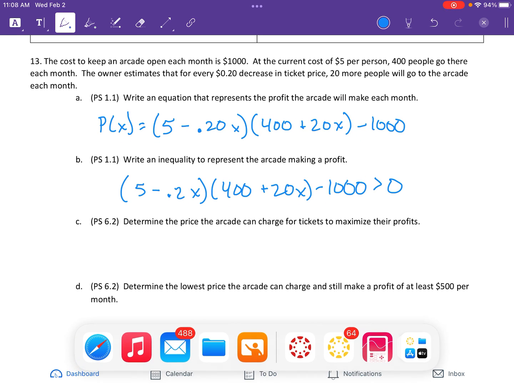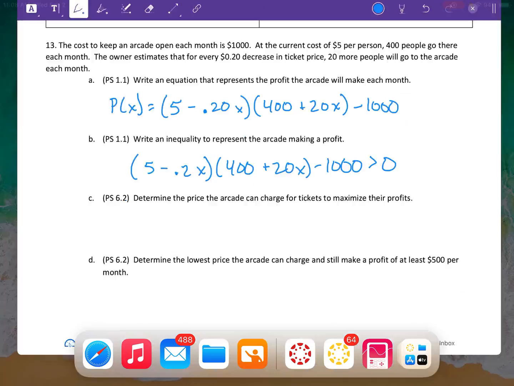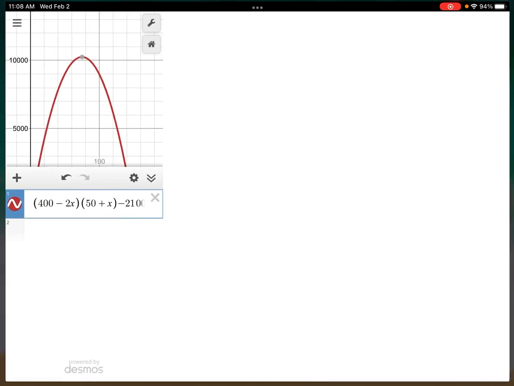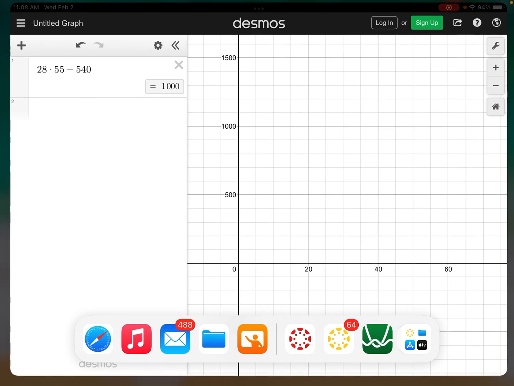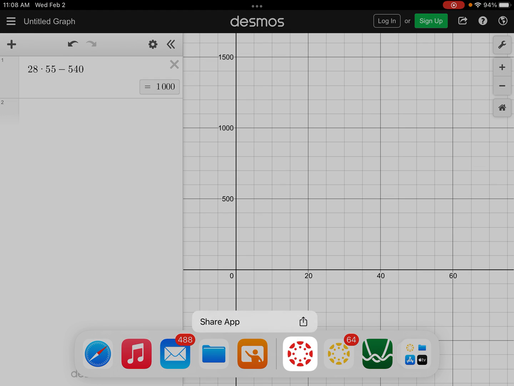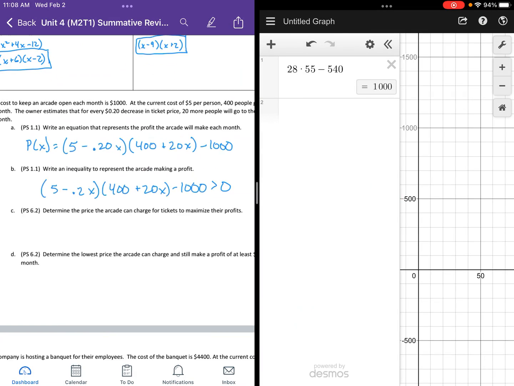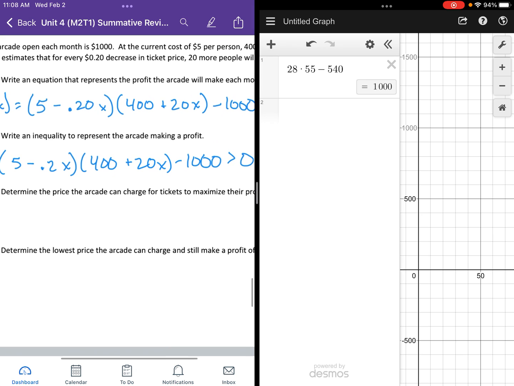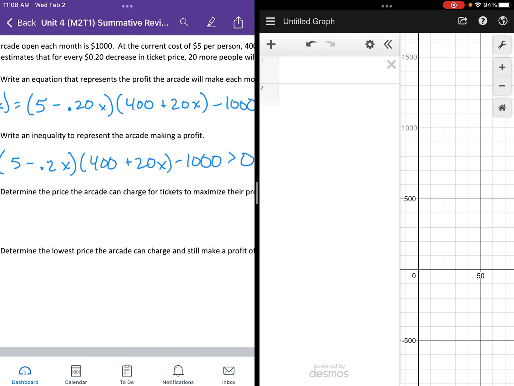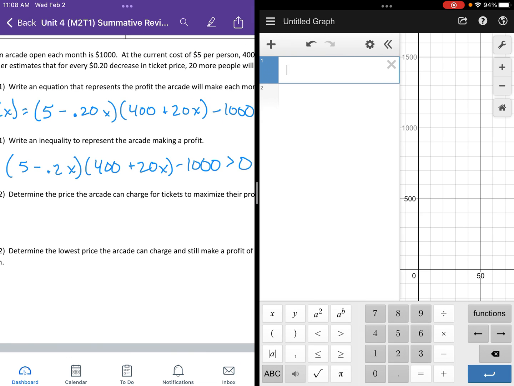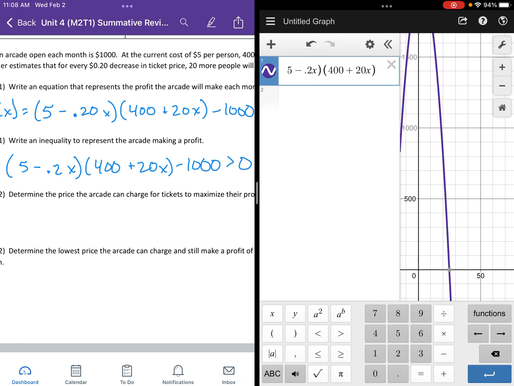All right, from this, next we're going to go to, oh, I don't have it up there. My apologies. Here we go. We're going to go to Desmos. We're going to type this equation into Desmos to find out its maximum. So we have 5 minus 0.2x, 400 plus 20x minus 1,000.